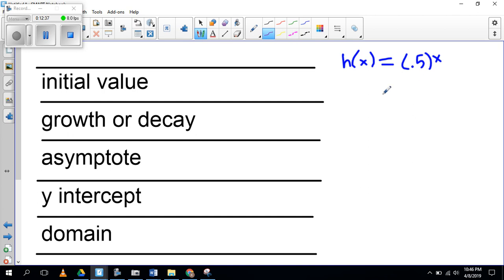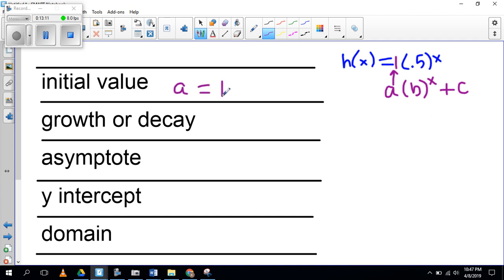Sometimes these get people confused, but we know it's going to be your A, then your B is going to be in parentheses most times with your exponent of x here, and then plus your C. Okay? So if we look here, our A is right in front of here, and we don't see anything. So if we don't see a number, it's always understood to be 1 in front. So my initial value, which is my A, is 1.